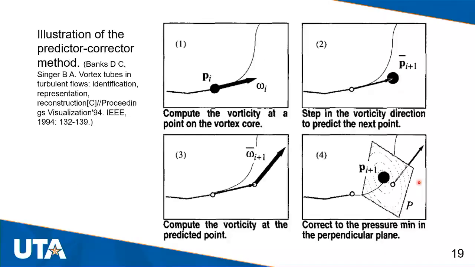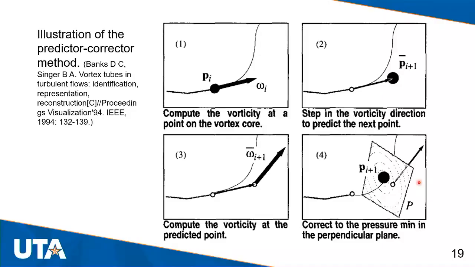Let's look at the figure. These figures are from Banks' paper. What they do is, we have a point on the center, and we find its next point, p i plus 1. They use the vorticity direction, but we use the Liutex direction.